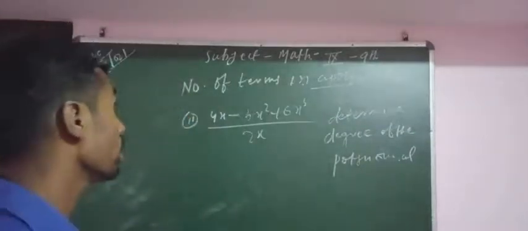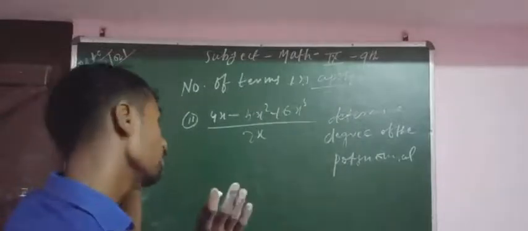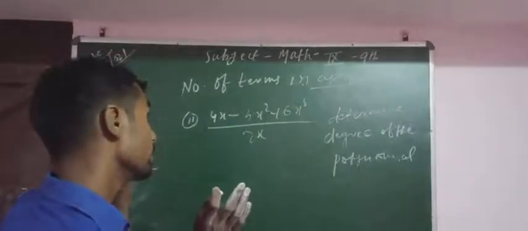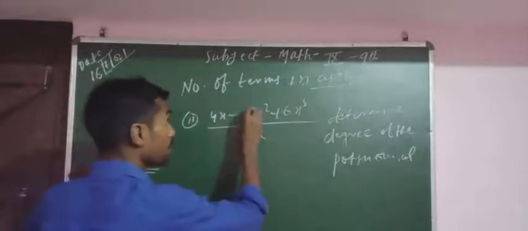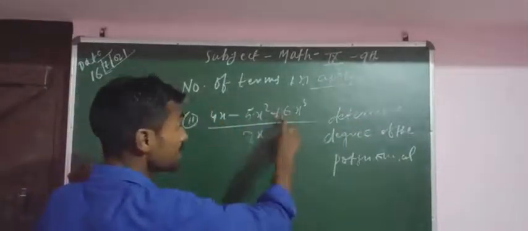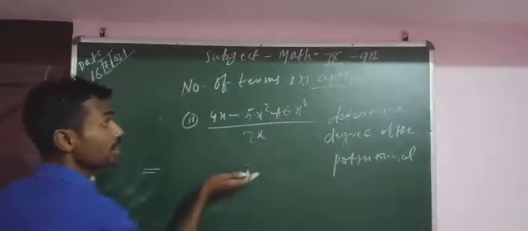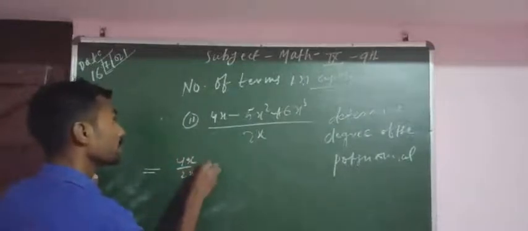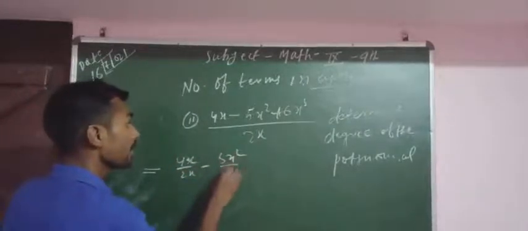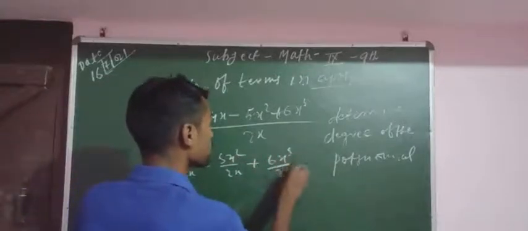First of all, how can we decide? Look at this: 4x minus 5x square plus 6x cube, with 2x as the denominator. We can write 4x by 2x minus 5x square by 2x plus 6x cube by 2x.